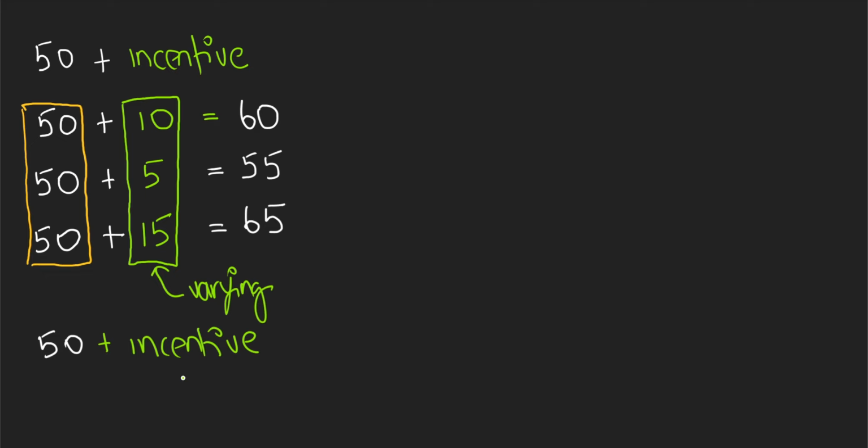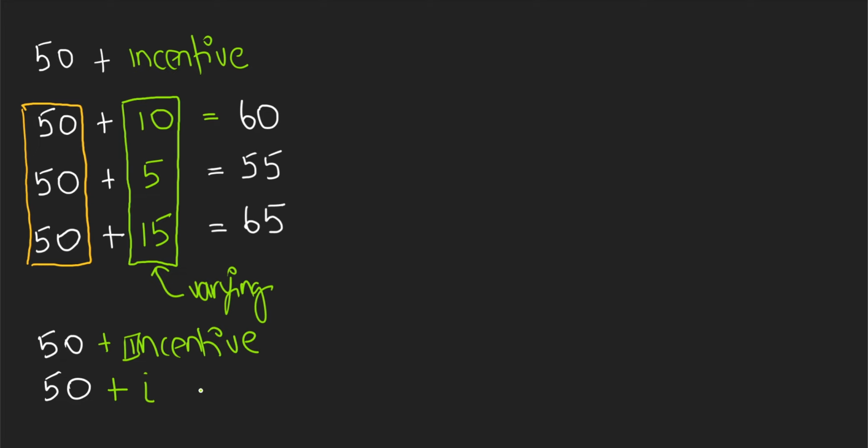Now, I can even make this more interesting by saying that the boy receives 50 plus, it's kind of a lot of work to write incentive every time. So what I'm going to do is take the first alphabet of incentive, I, and use that as a way of representing incentive.